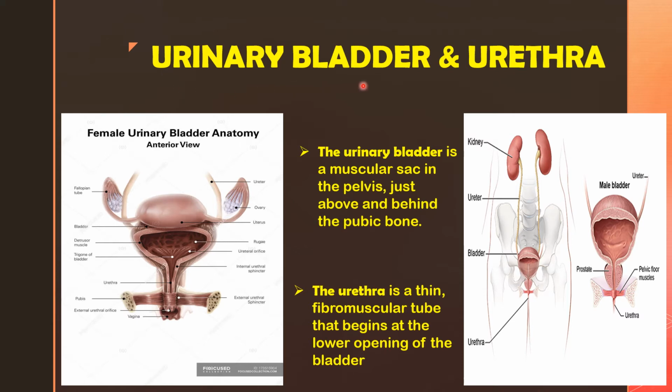Next part of the excretory system, two parts rather. One is the urinary bladder and another one is the urethra. The urinary bladder is a muscular sac in the pelvis just above and behind the pubic bone. This is the urinary bladder. This is actually the female excretory system and that is the male excretory system.